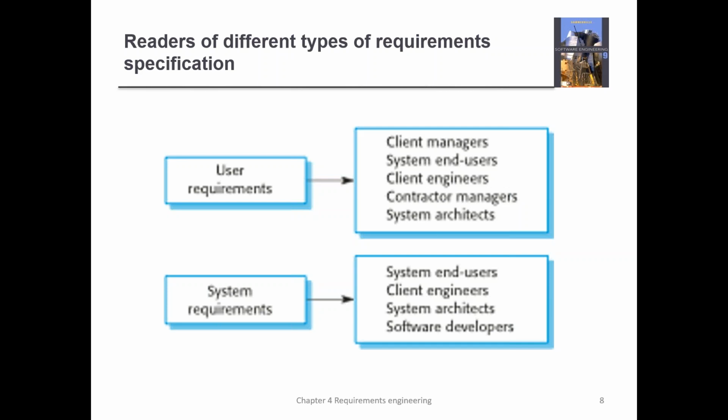The client managers are the persons who would be managing the operations within which the system is supposed to be used. The end users will be able to say, okay, let me see what requirements you have. Yes, this can work for me. This is what I want it to do. I want this software. Yes, this sounds good.